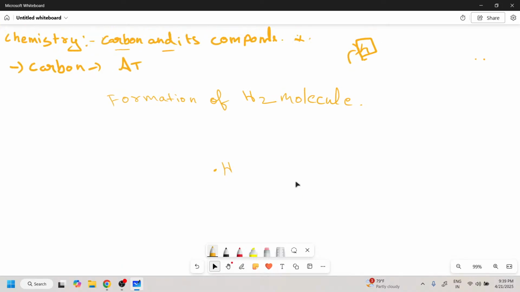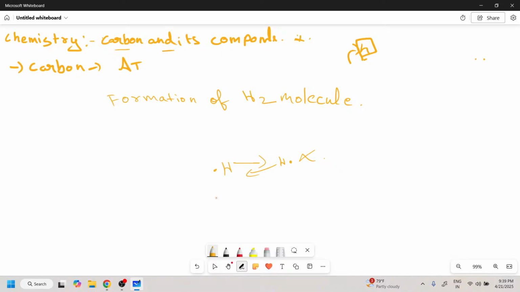For now I have zoomed to 99%. So here one and here one. Instead of a cross, I'm just keeping a dot. If I'm keeping the dot, will it be okay that H and H can be combined with each other? Actually, this is incorrect, I know.